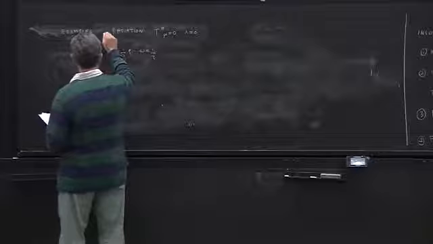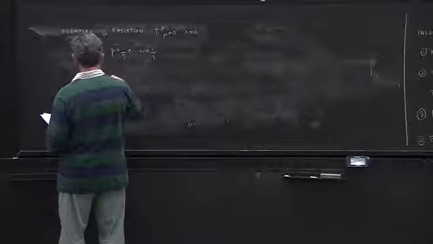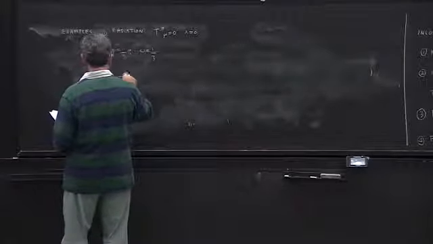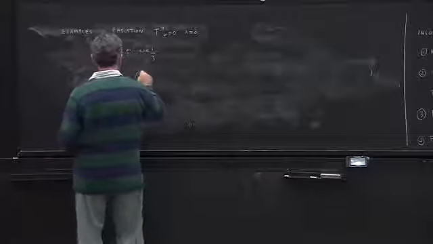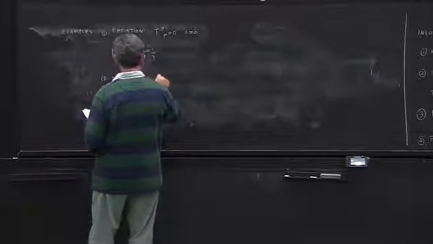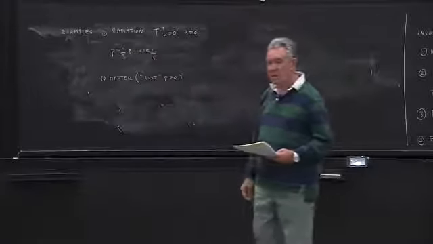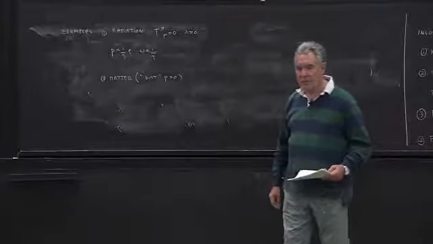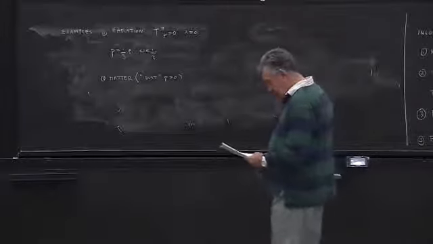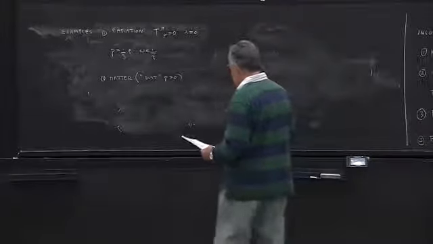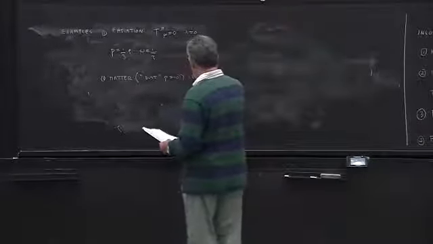Matter, which is sometimes called pressure-free matter, is sometimes called dust for historical reasons. But it has omega equals 0, and we'll put lambda equals 0.